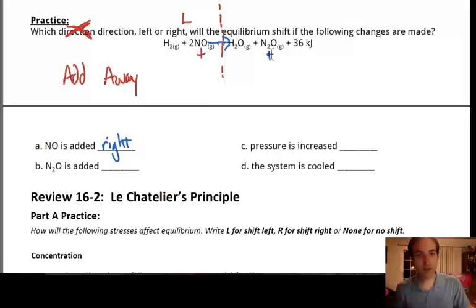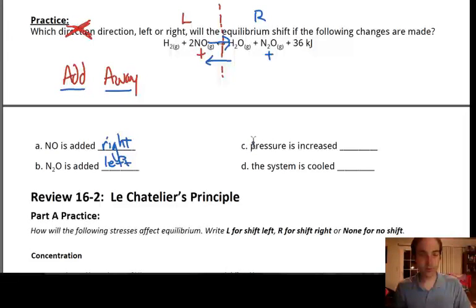If we add, we go away, but this is on the right side. So by adding dinitrogen oxide, we're going to shift it in the other direction. This time, the reverse reaction is going to speed up, which means that it will shift to the left. So that's all concentration based, right?